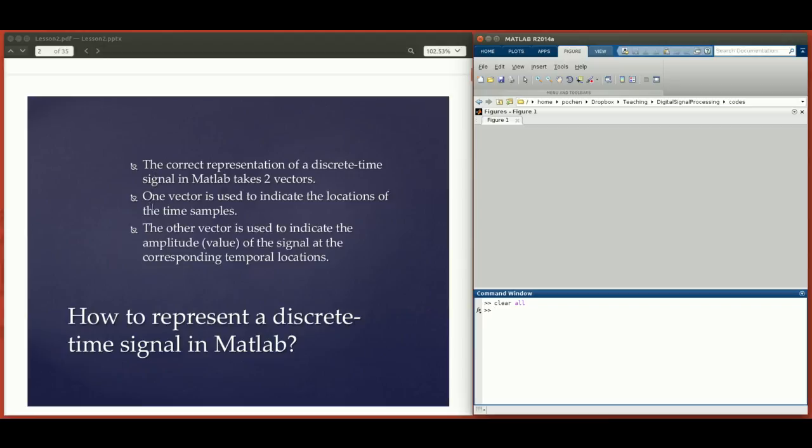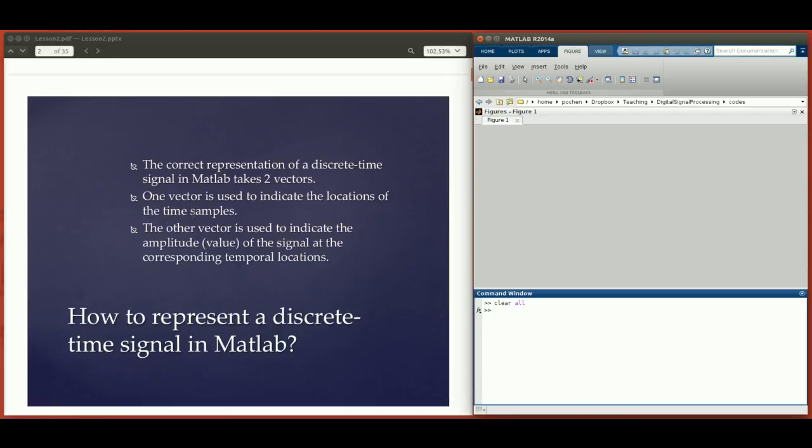One of the vectors is just used to indicate the locations of the time samples. It's basically the time axis. So a discrete time signal is still a signal as a function of some horizontal axis, and you need a vector to represent that horizontal axis.